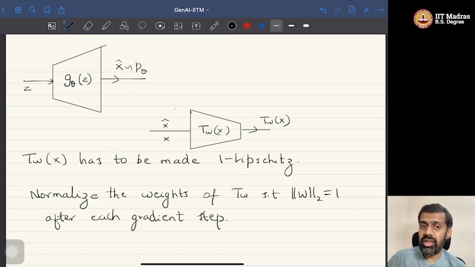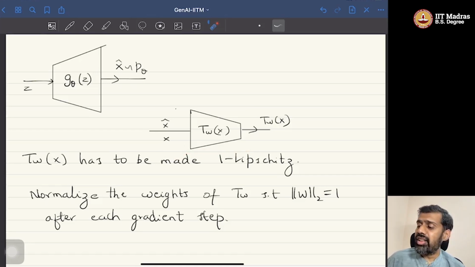So this is one practical way of how to make a neural network one-Lipschitz. So basically we are training this as a GAN, where first we train the T_w network and then we train the G theta network. While we are training the T_w network, we'll have to ensure that after every gradient step, we take all the weights of this particular neural network and renormalize them so that their norm is equal to 1. If you do that, one can ensure that the neural network being built here is close to being a one-Lipschitz network, right?